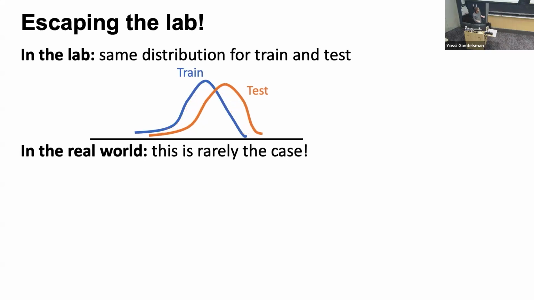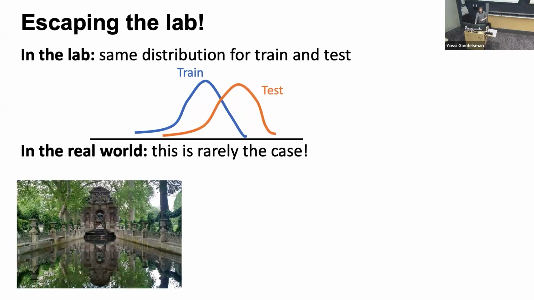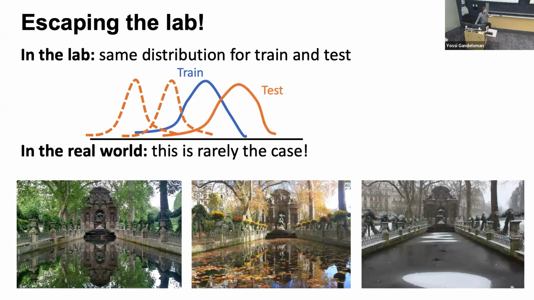And of course, in the real world, it's rarely the case, right? And we as humans know how to handle it, right? When I woke up this morning in Philadelphia, it was cold, but I was ready for that. I was able to handle this environment and this environment and this environment. I was able to handle all the different distribution shifts that can occur to me, right?